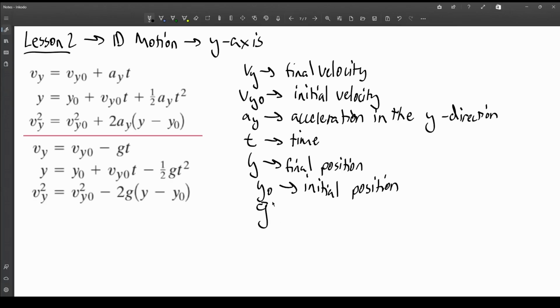Well, when we're discussing the y-axis, specifically in projectile motion, G represents gravity. So gravity is the acceleration that the Earth places upon a projectile being launched in the air. So gravity has a set value.